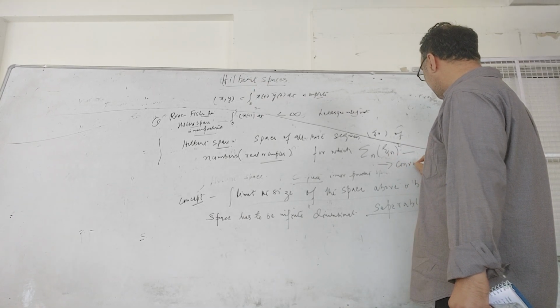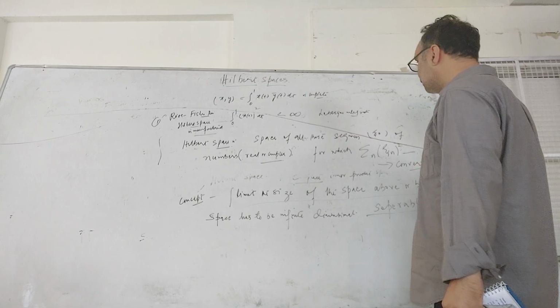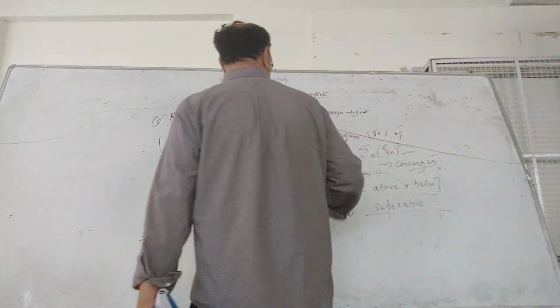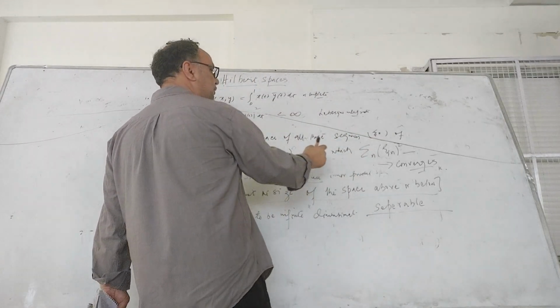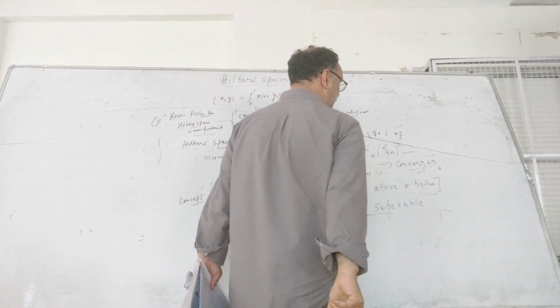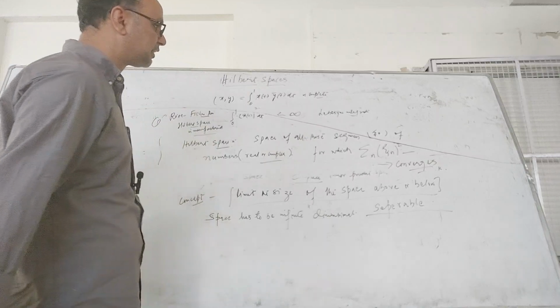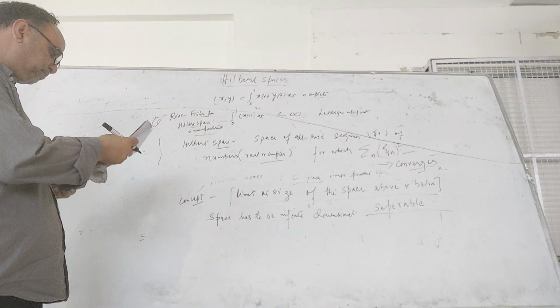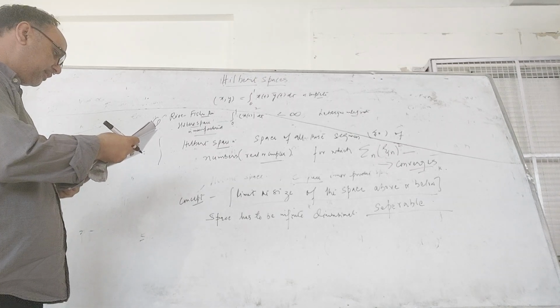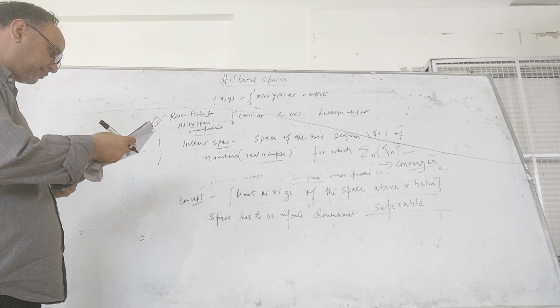So this is another way of defining it: the space of all those sequences zeta n of numbers for which the sum of the square of zeta n converges. This is another way of defining the Hilbert space.